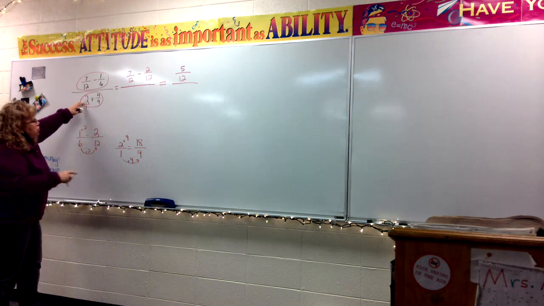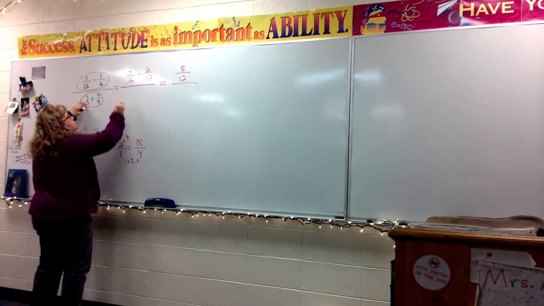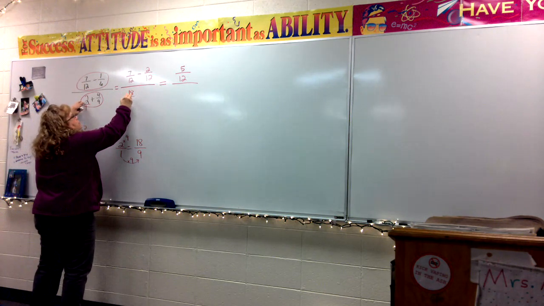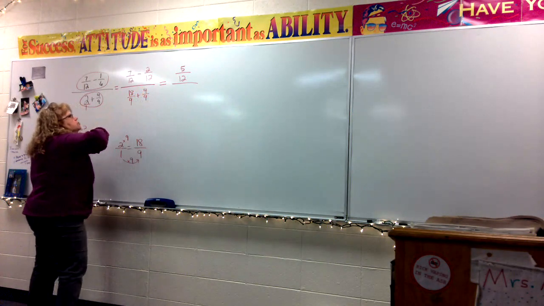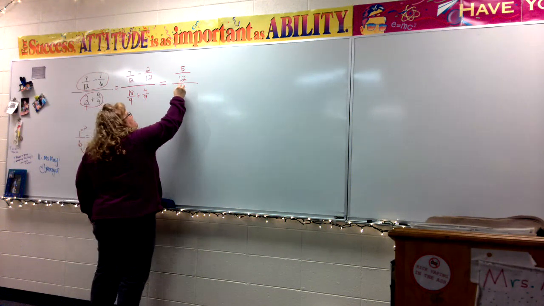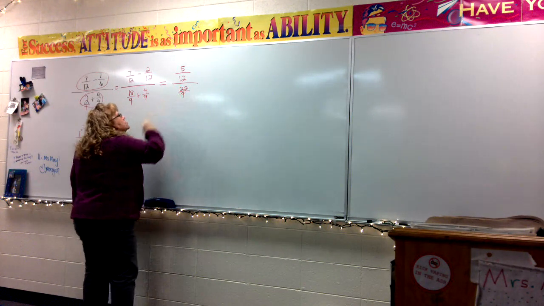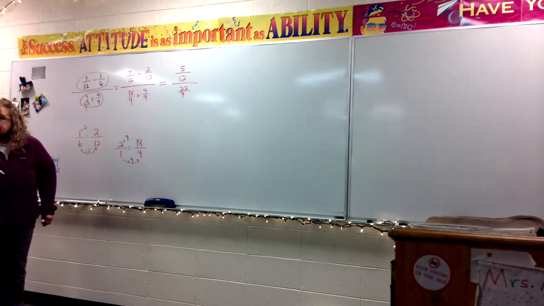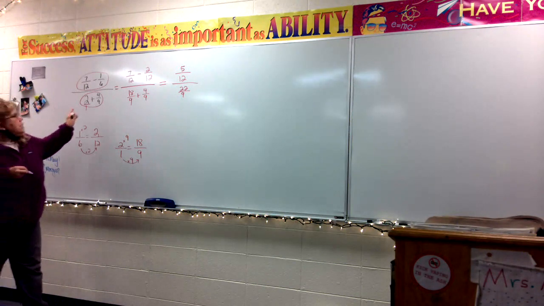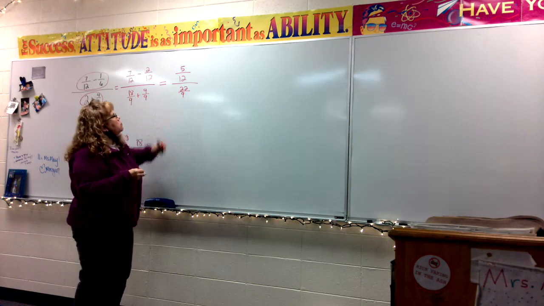So instead of 2/1, 2/1 is equivalent to 18/9. And I wouldn't even bother simplifying that. Just leave it. So combine the numerator, get it all to be one thing. Combine the denominator, get it to be one thing.